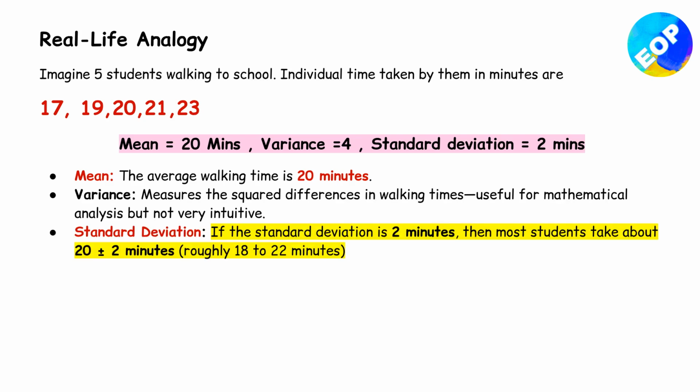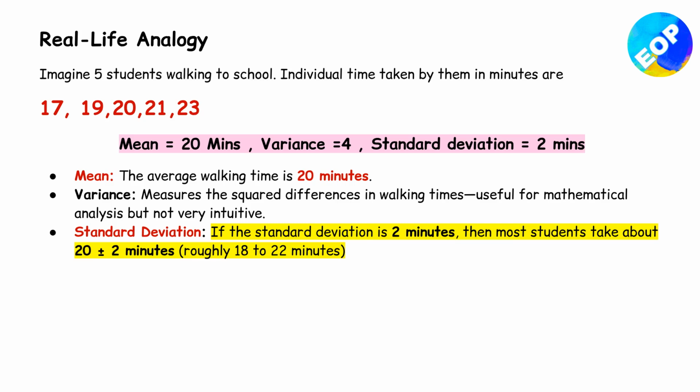Real-life analogy. Imagine 5 students walking to school. Individual time taken by them in minutes are 17, 19, 20, 21, 23. Mean: 20 minutes. Variance: 4. Standard deviation: 2 minutes.